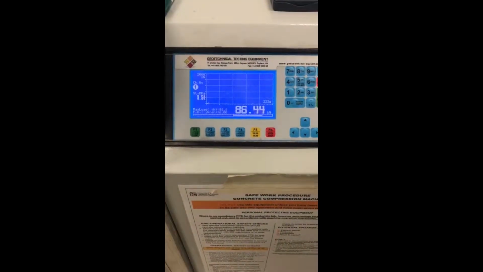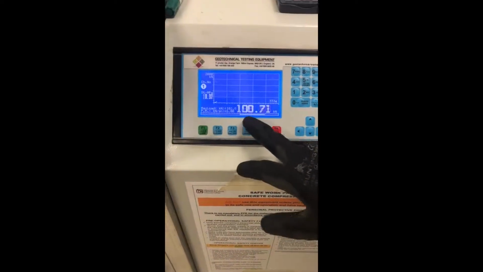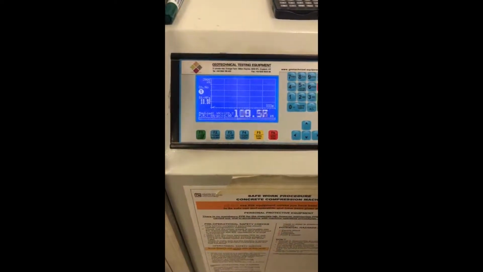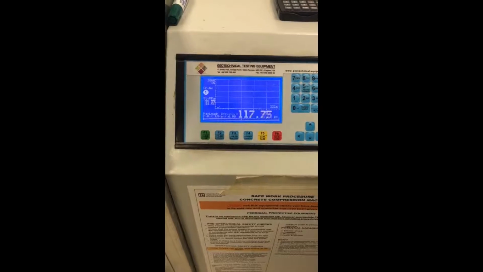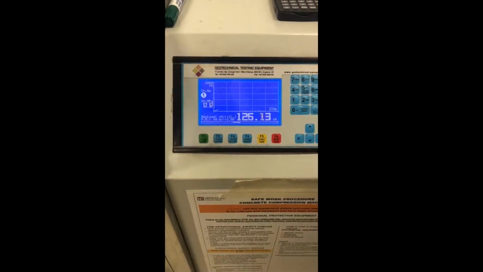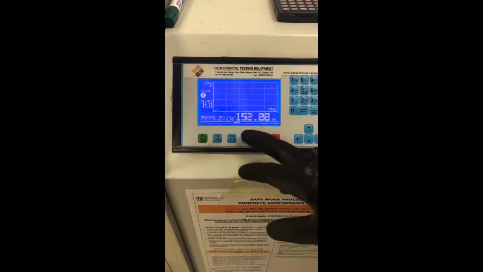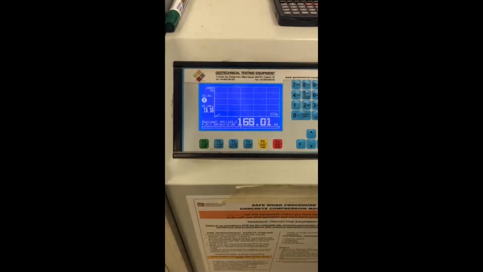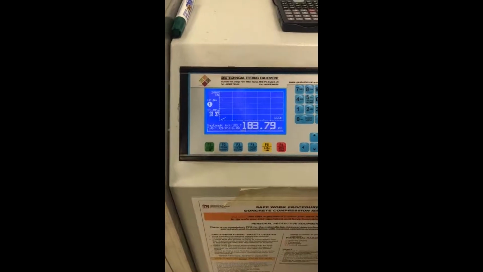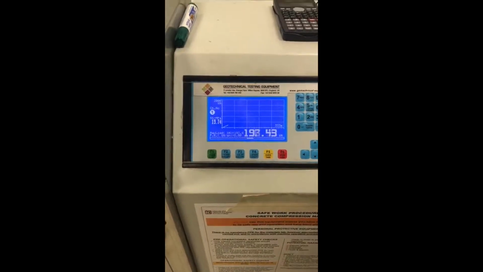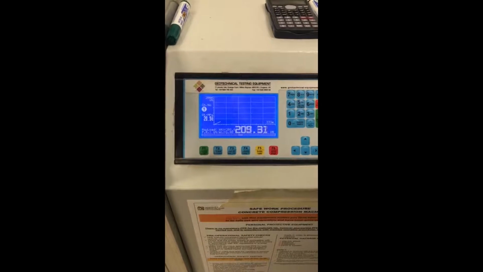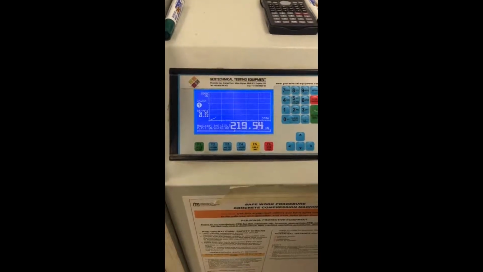As we can see, we're now getting a readout here with the force, so that's increasing. The machine's still applying that rate of 6 kilonewtons per second. What we'll see in a moment is these figures will keep rising and then they'll drop off, start falling, and at that point that's when the cube is deemed to have failed. So it's reached its optimum compressive strength.